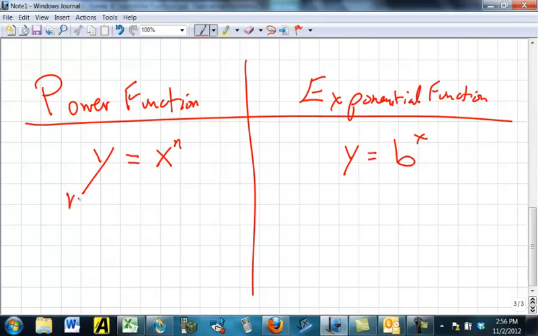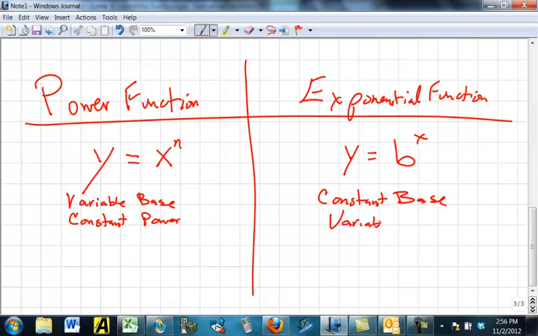So notice this is a variable base and a constant power on the power function. Whereas which one's a constant and which one's a variable are exactly switched for exponential. In exponential we have a constant base and we have a variable exponent.